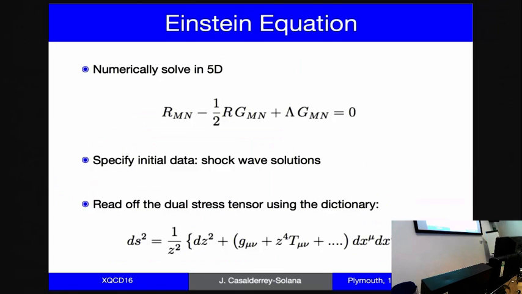So to understand how the energy in a collision is distributed, basically what I'm going to do is transform the problem of the collision of 2 sheets of energy into a problem in numerical relativity.